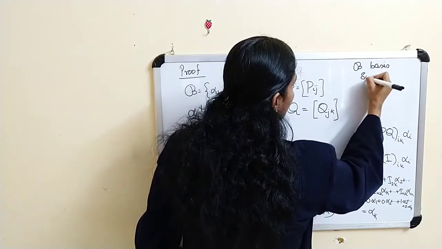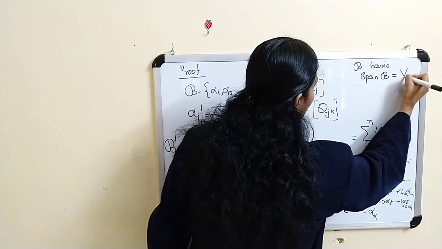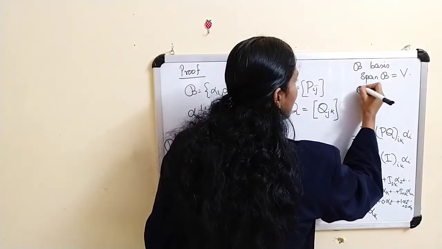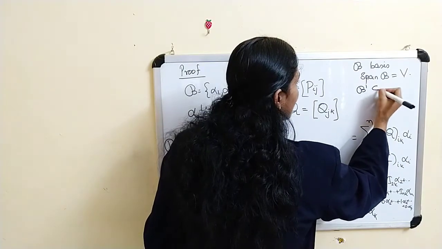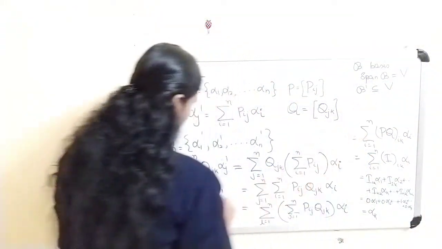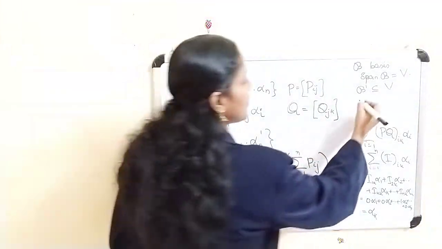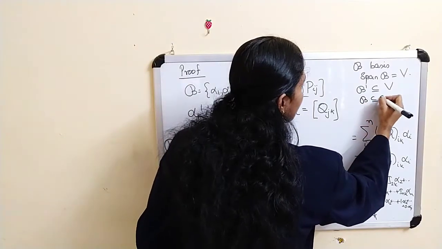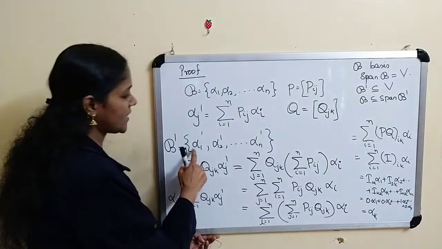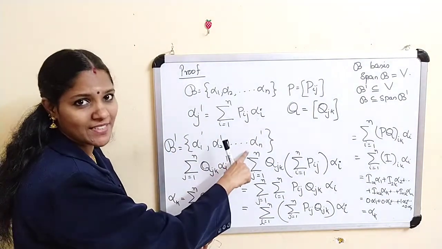Therefore span of B is equal to V. Okay, so what about B dash? B dash is contained in V. Okay, and here we get alpha k's are linear combinations. Therefore B is contained in span B dash. Span B dash means linear combinations of these alpha j dash.